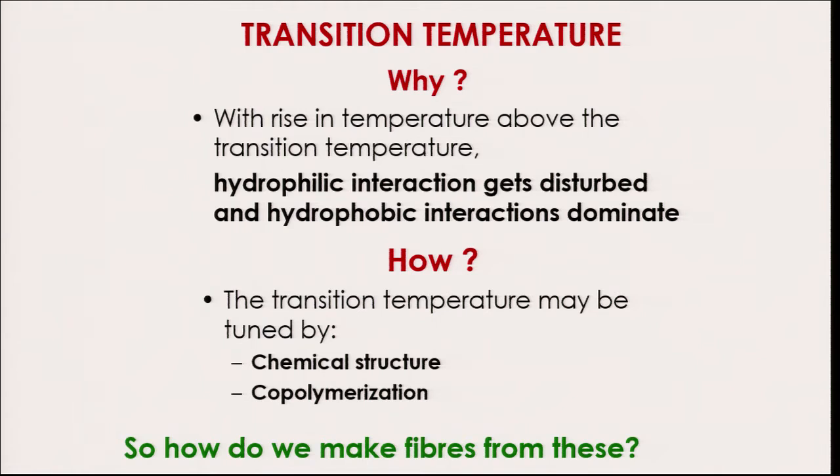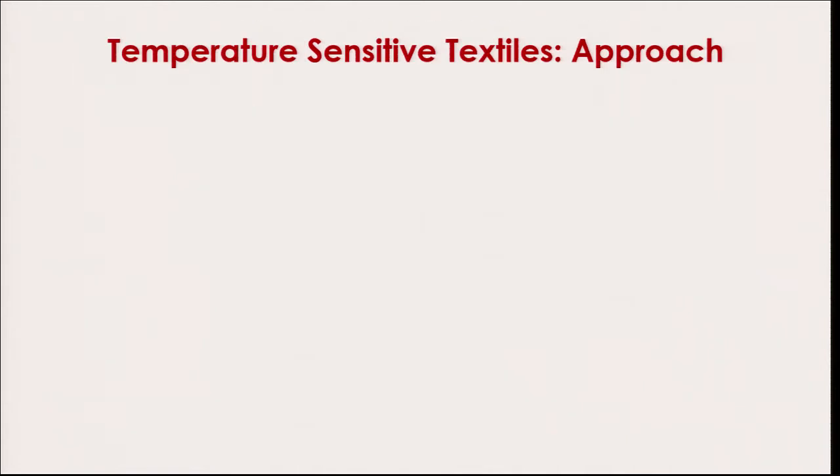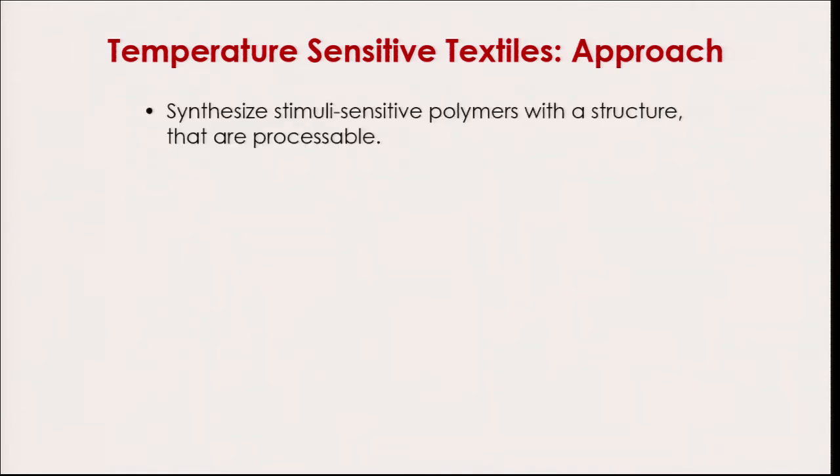Because gels are not easily processable, we can't process the gels. So, what should we do? For making temperature sensitive textile, the approach which I am going to discuss is based on a process in which we first synthesize a polymer which is stimuli sensitive, which is temperature sensitive, and it is processable.